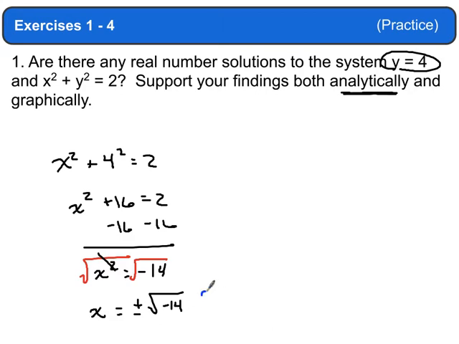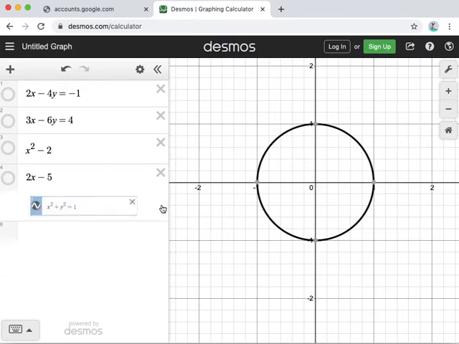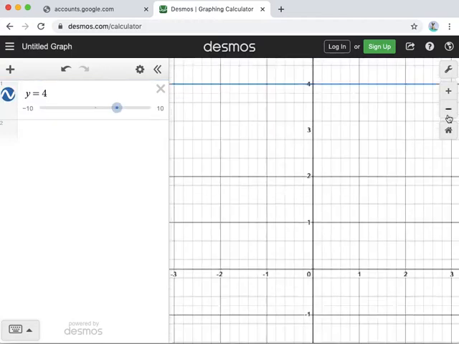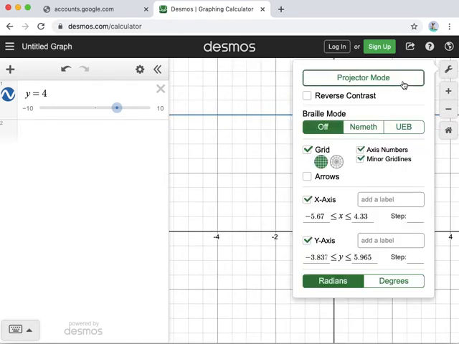Where we're at, we're kind of at the question point of what to do with that piece. If we don't know what that means, let's take a look at our graph and compare. They tell us that y equals 4, so we'll graph that line and make it bolder so we can see it better.